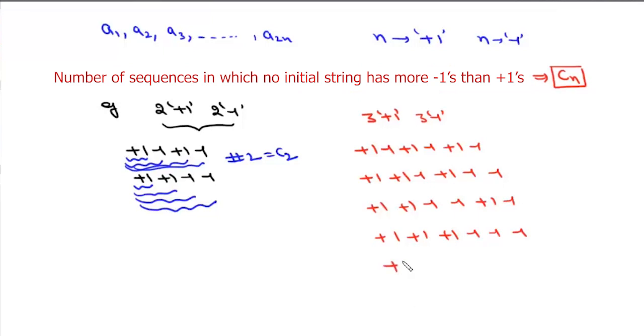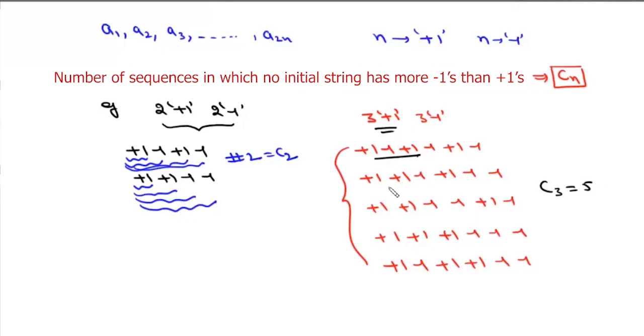And we also have plus 1 plus 1 plus 1 minus 1 minus 1 minus 1. So there will be 5 such cases. So for this one, it will be equal to C3, the third Catalan number, which is 5.